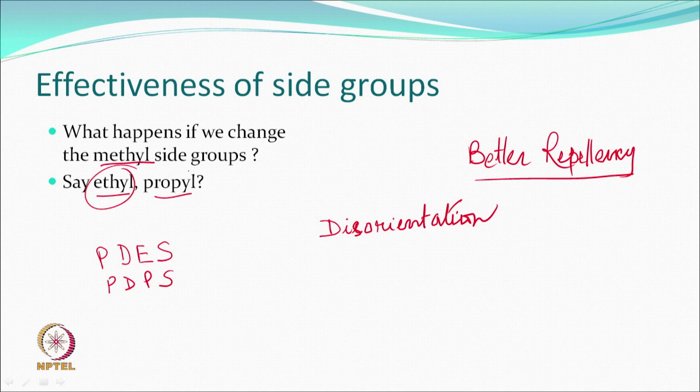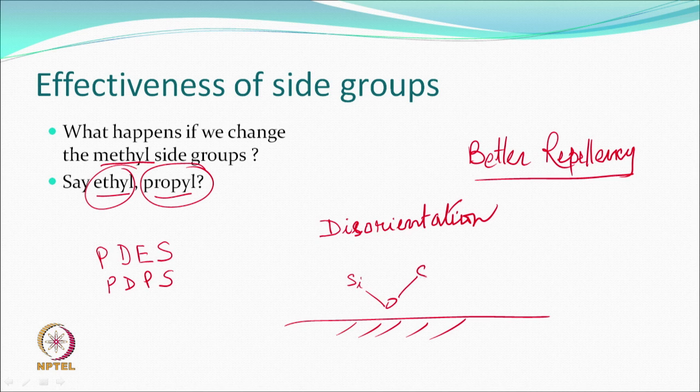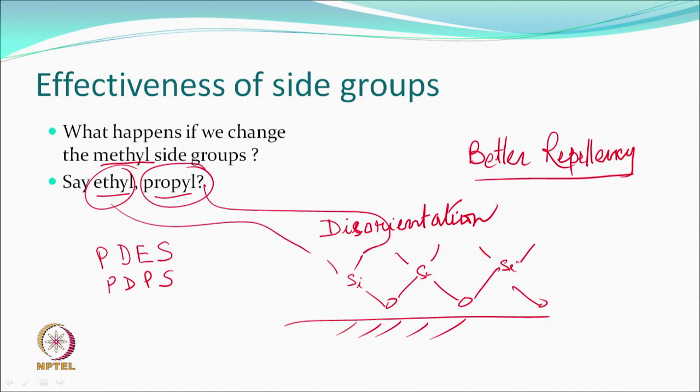Because the size of these side groups becomes larger, and therefore, the type of thing that we were hoping that this was covered completely, but if this methyl gets changed with ethyl or propyl, then the orientation gets disturbed because of steric hindrances.